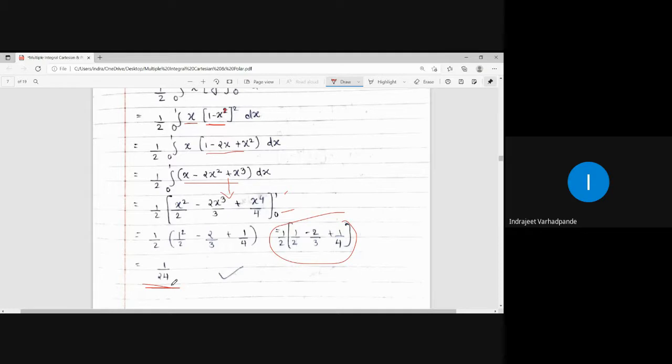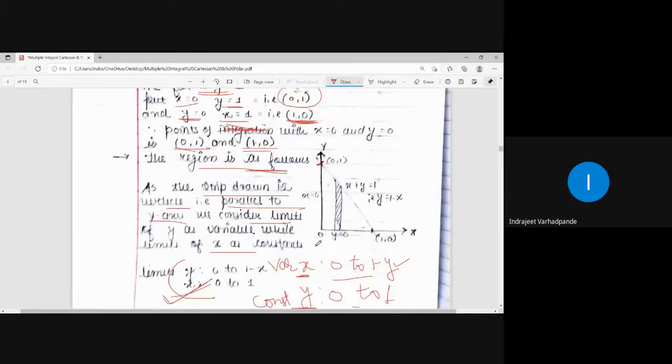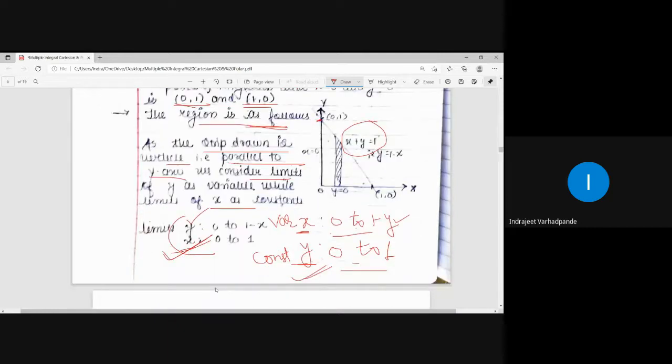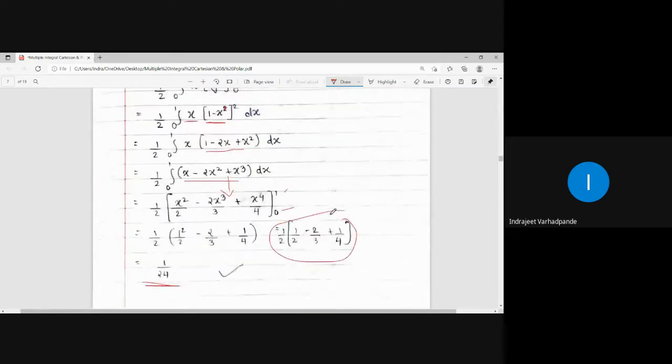So this was the very first example wherein we drew the region of integration bounded by the line x plus y equal to 1, having a choice of a vertical strip, variable limits of y and constant limits of x. The region is converted with the limits, we do the appropriate integration, and we get the answer.